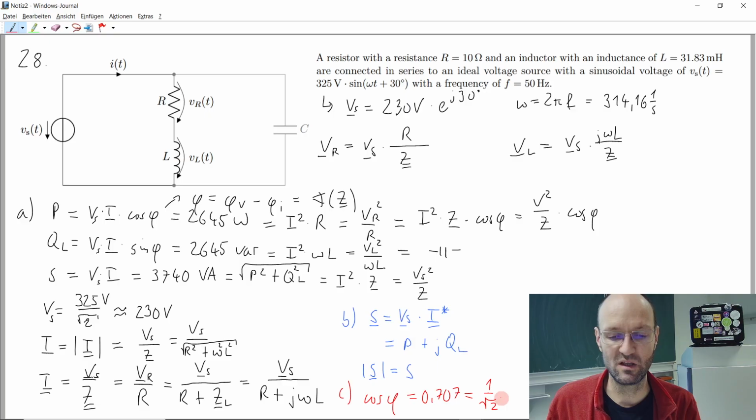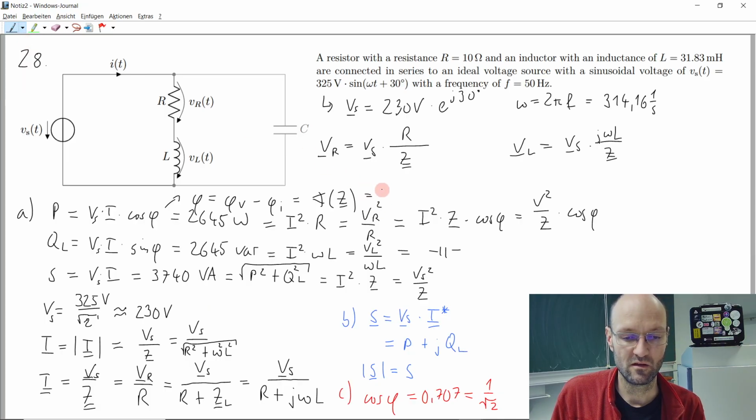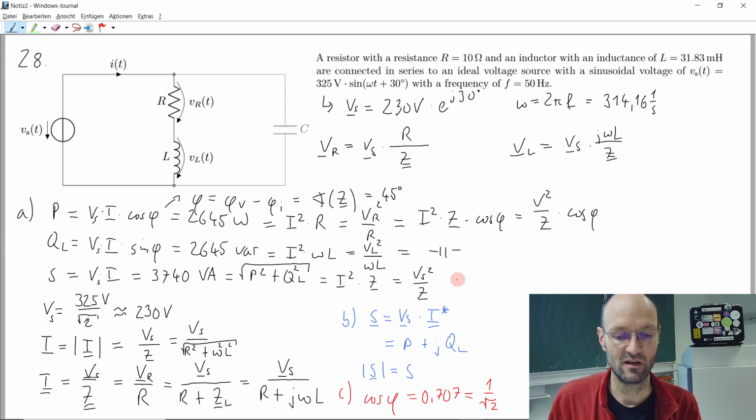And this is because we had the 45-degree angle here that I can maybe write down, and that also S in this case is square root of 2 times P, square root of 2 times QL. I don't know if I have a bit more space here.